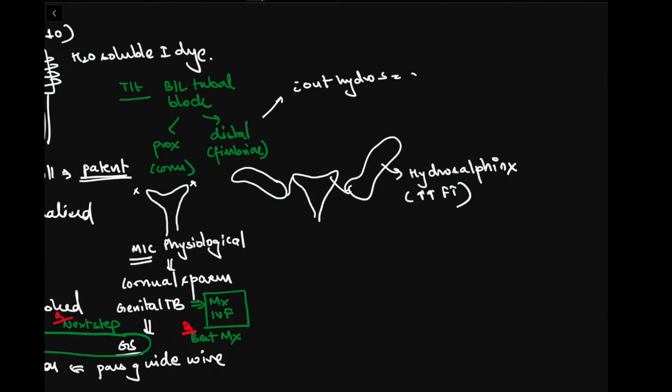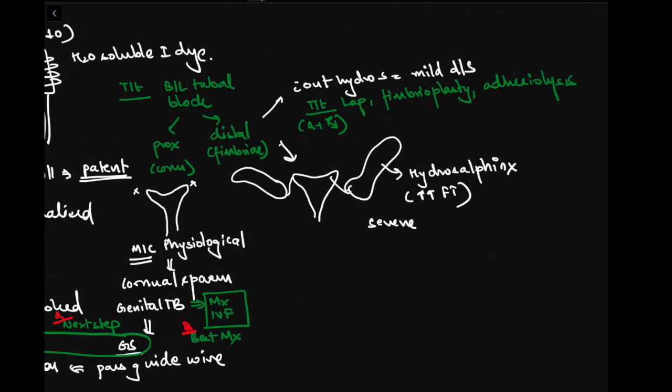This is a mild disease, while the treatment will be laparoscopy followed by fimbrioplasty and adhesiolysis. Right. If hydrosalpinx is present, then it is a severe disease, and the treatment would include IVF.